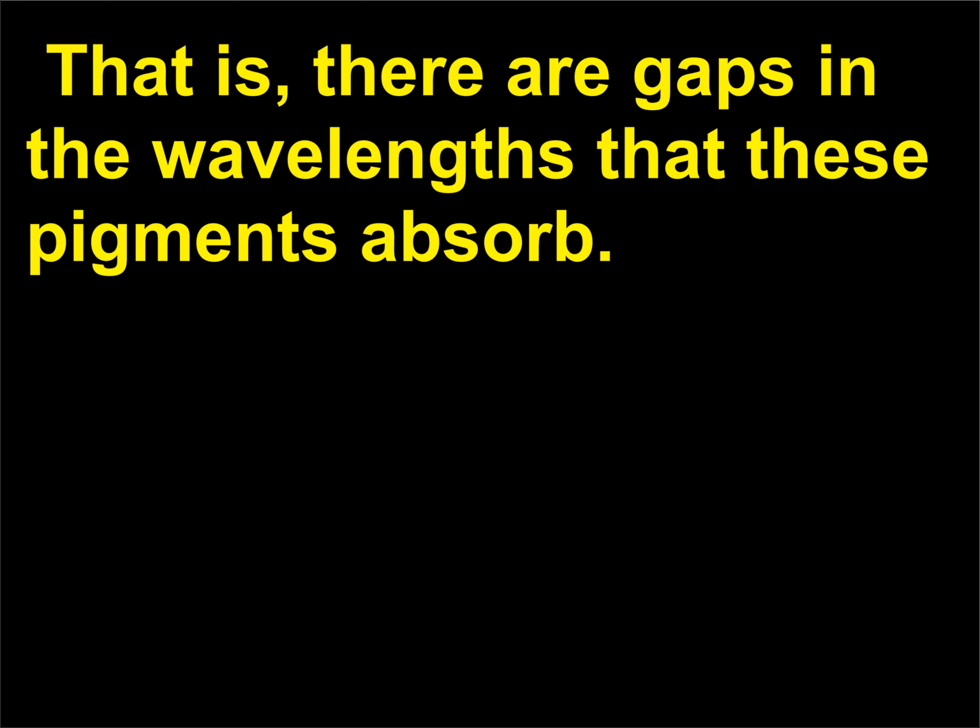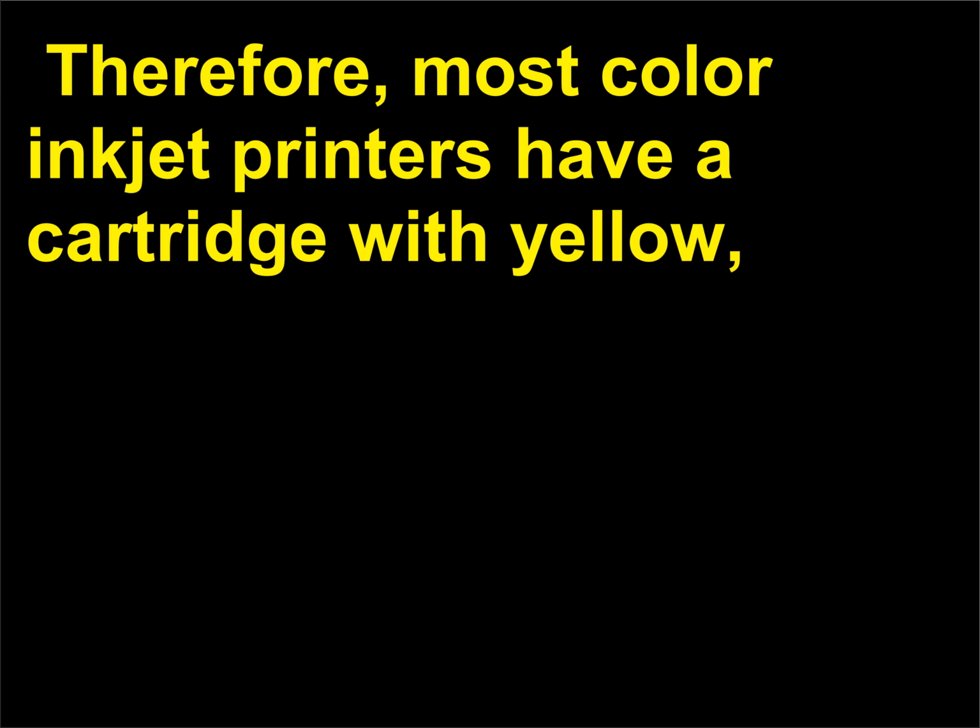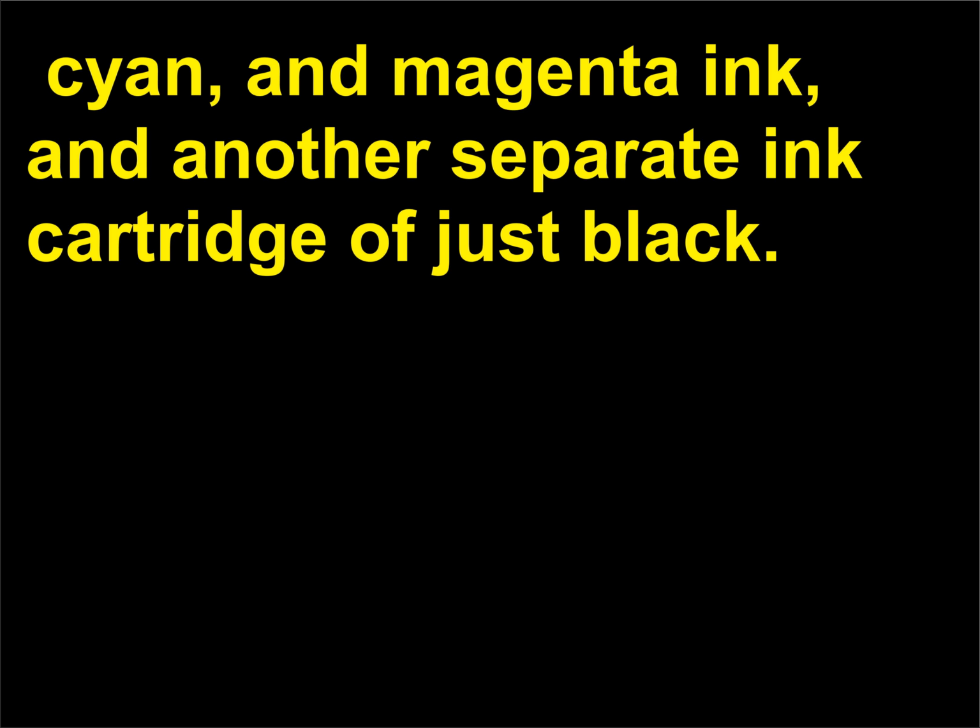That is, there are gaps in the wavelengths that these pigments absorb. Therefore, most color inkjet printers have a cartridge with yellow, cyan, and magenta ink, and another separate ink cartridge of just black.